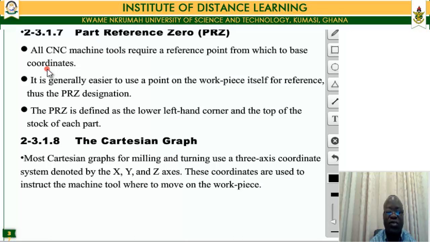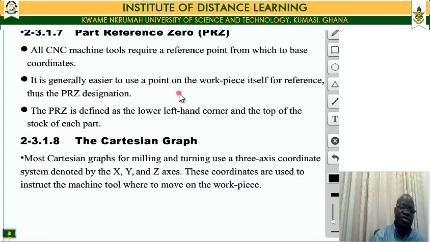If you have any CNC machine, you should be able to identify a reference or zero position that you can start programming the coordinates from. It is generally easier to use a point on the workpiece itself as the part reference.